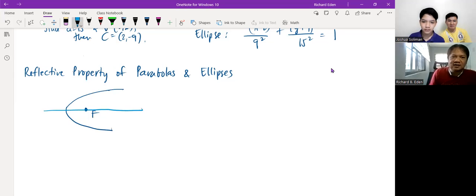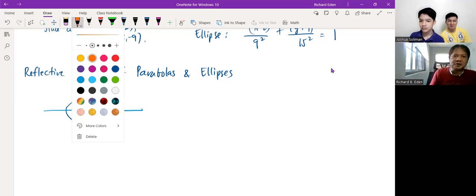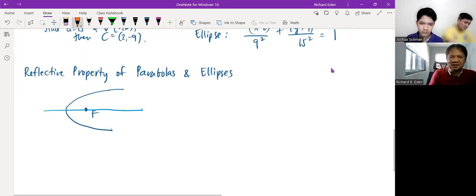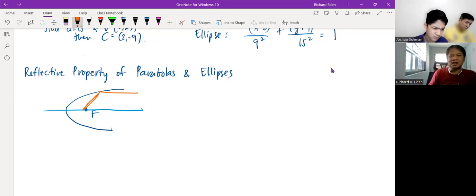If meron tayong light ray that's gonna run parallel to the axis, and it hits the parabola. Okay. Tapos when it bounces off, dapat sa focus ang tuloy niya.